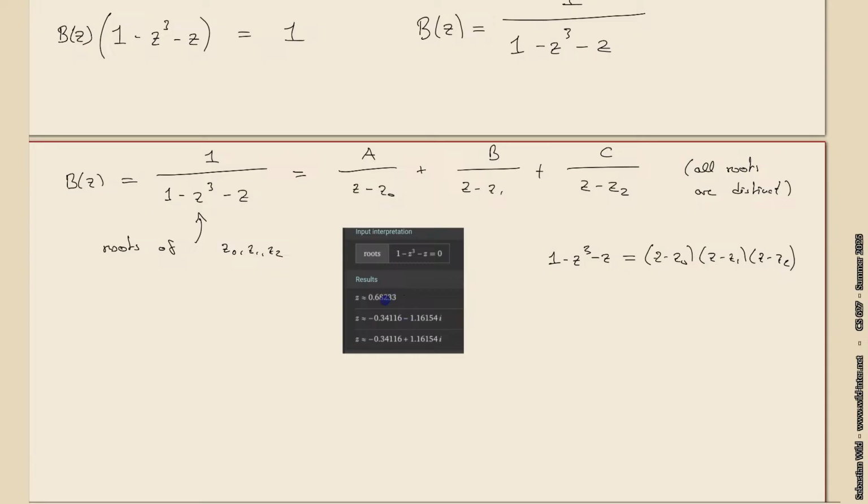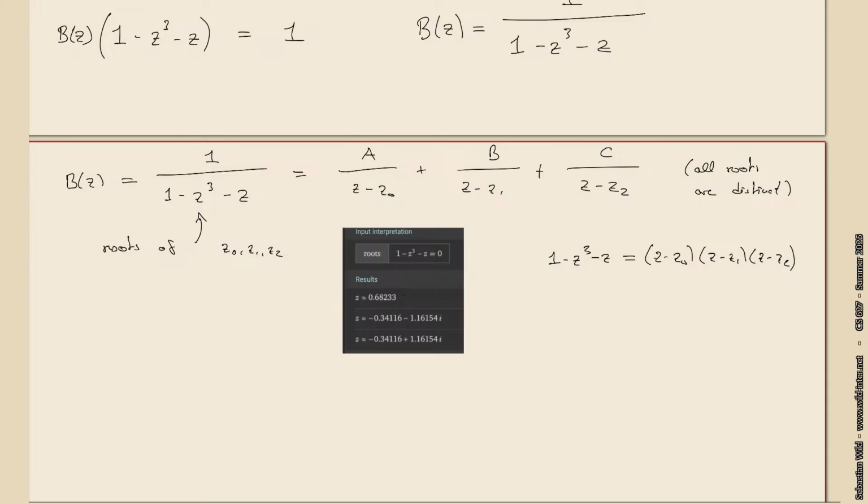You see there's a real root, 0.68, and there's two complex roots with their complex conjugates. One has positive imaginary part, the other has negative imaginary part. But they're distinct. There are three distinct numbers.